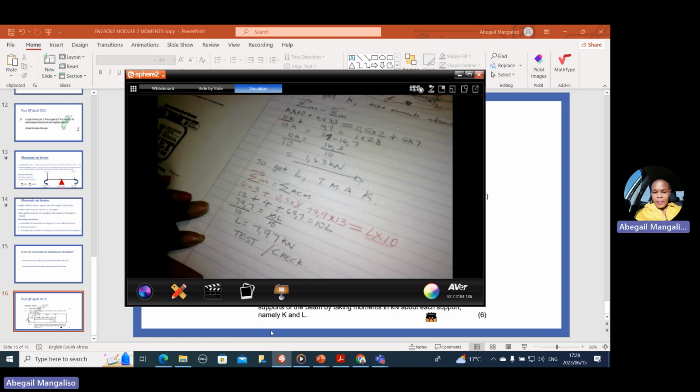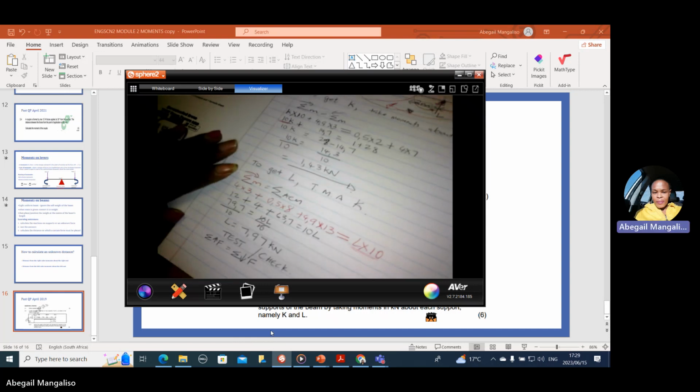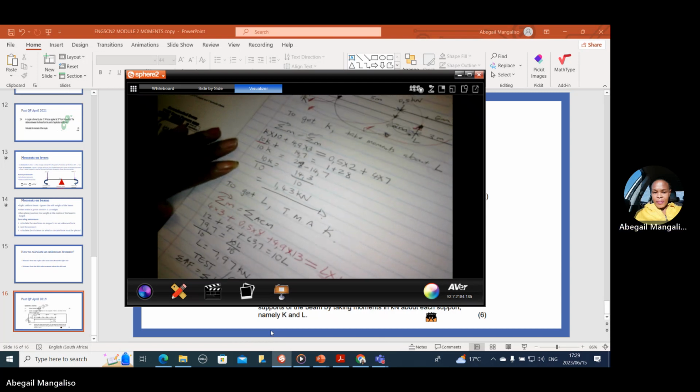When checking the answer, the sum of the upward forces must be equal to the sum of the vertical downward forces. That is the condition, Newton's third law. For every action, there must be an equal and opposite reaction so that this is balanced. Now we look at this beam.